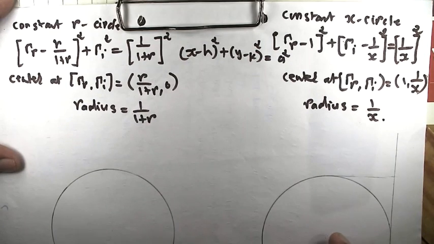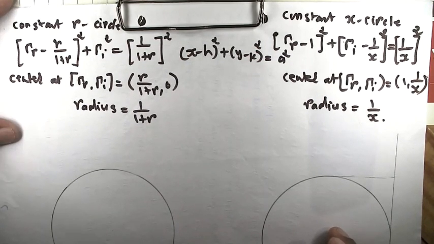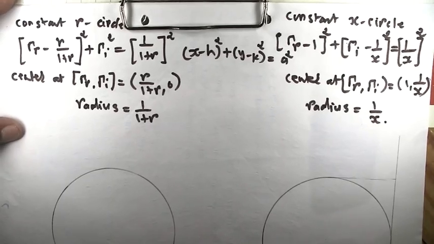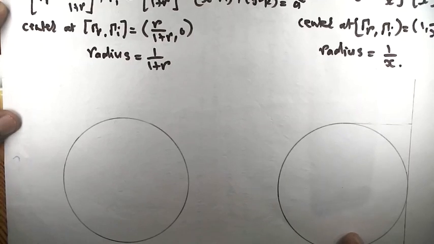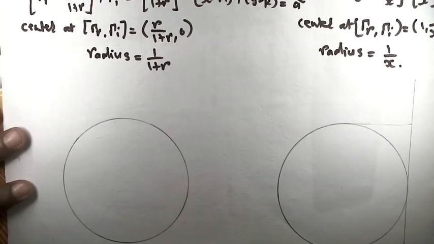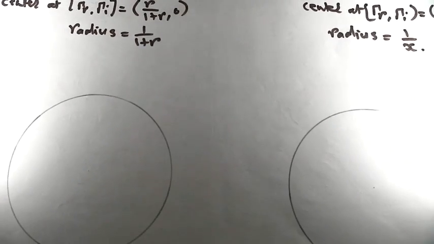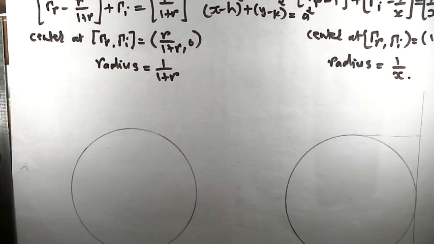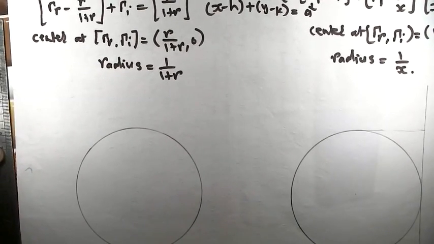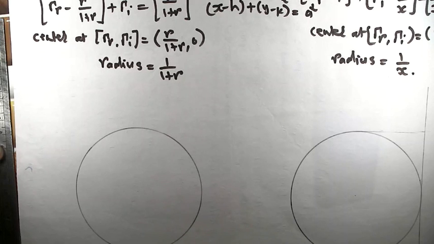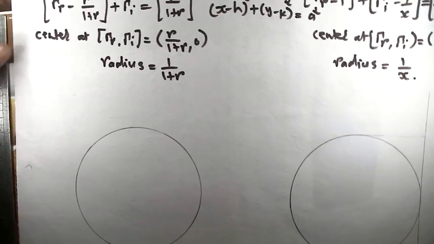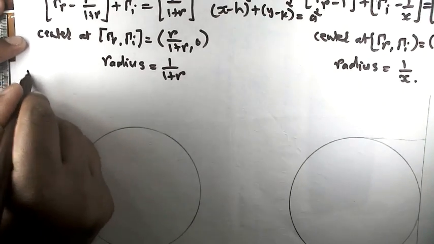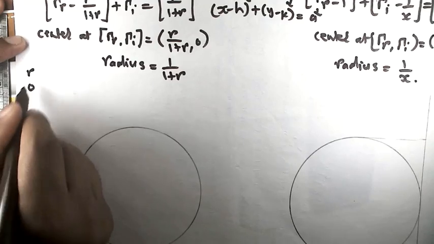So now let us take some typical values of these constant r and x circles and try to construct the typical r circle and the typical x circles. Let us take r equal to 0.